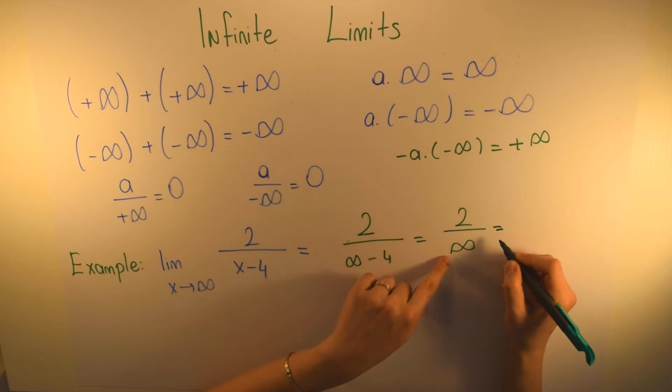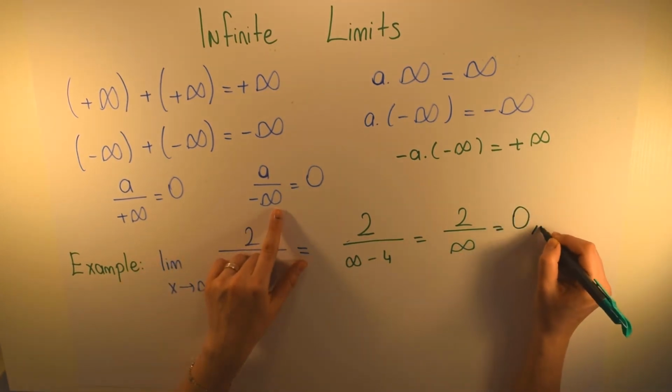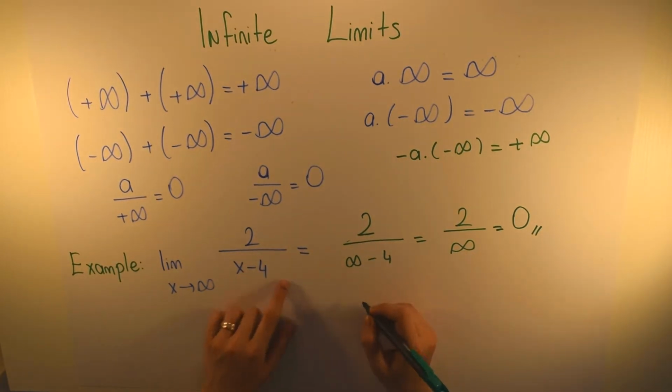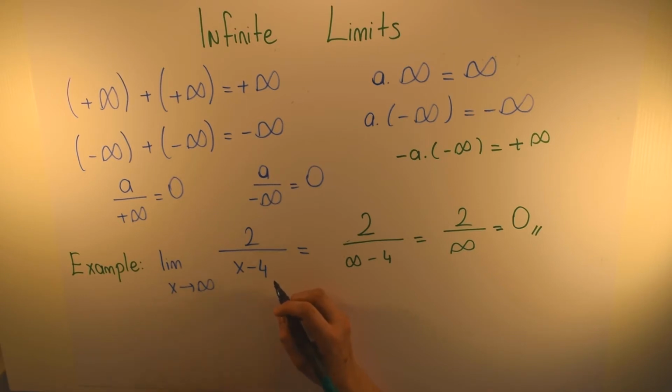And number over infinity, as you can see here, is equal to 0, right? So why is this equal to 0? For example here, when you start giving values to x, from 1, 2, 3, 4, 5, 6 till infinity, you will see that this denominator will get bigger. For example, let's say x is equal to 1, it is minus 3.